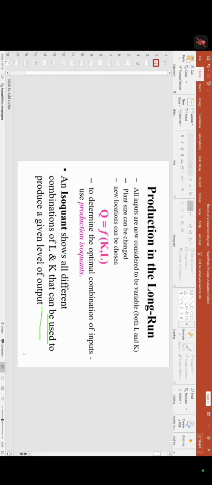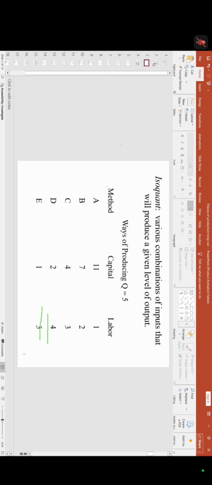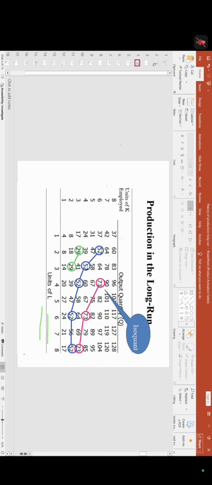Okay, and you learned the isoquant. Isoquant is a major concept that you have to learn in the long run, which explains the combination of inputs to produce a particular level of output. There you learned about different levels that you can use to produce a given level of output. You may use different capital amounts and labor amounts.